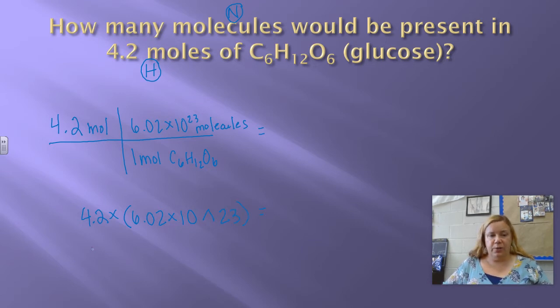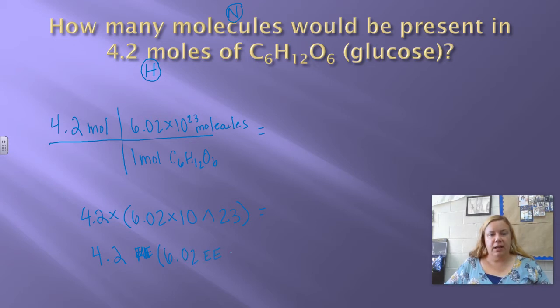What I like to do is type in 4.2, and then on a lot of calculators it's a second function, but you're going to look for an EE button. You hit that EE button, and then you put simply the power to which your 10 is raised.